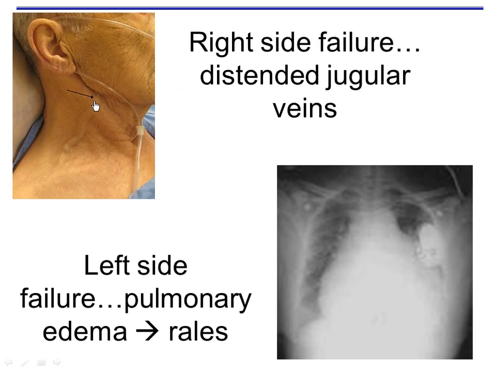So you can see distended, swollen jugular veins here. That's an indication of right side failure. Left side failure, blood's backing up, but blood backs up into the pulmonary system, and so you get pulmonary edema or rales forming. And you're seeing this cloudiness here that shouldn't be here. This cloudiness is an effect of pulmonary edema.